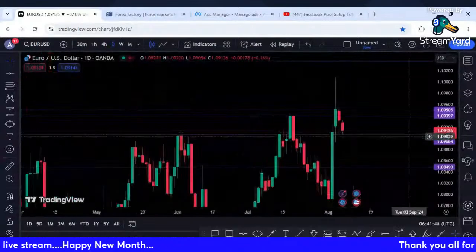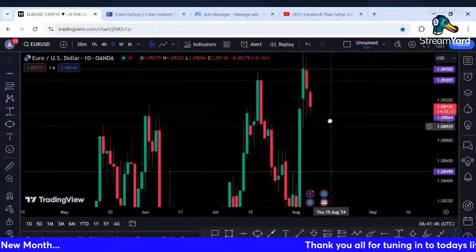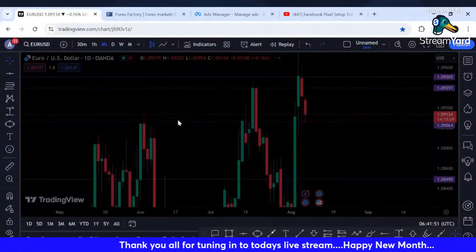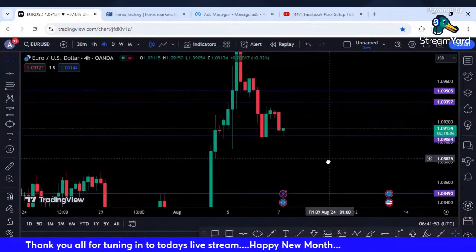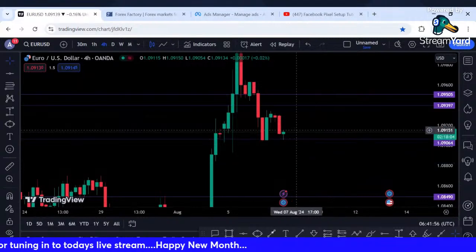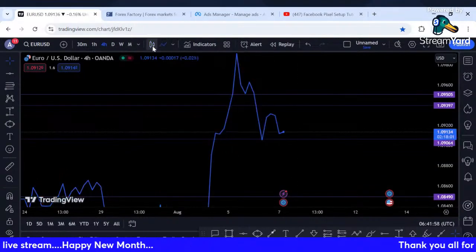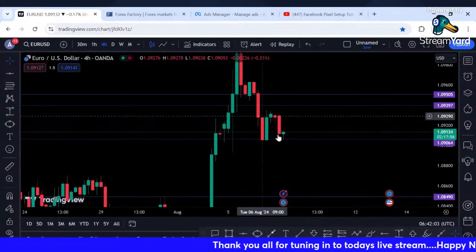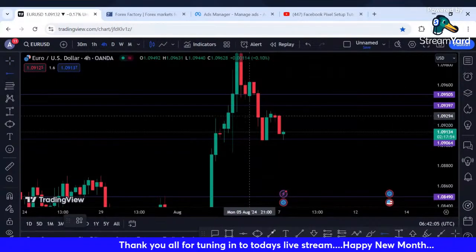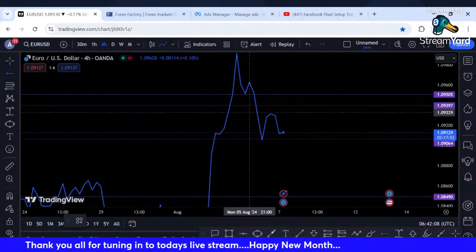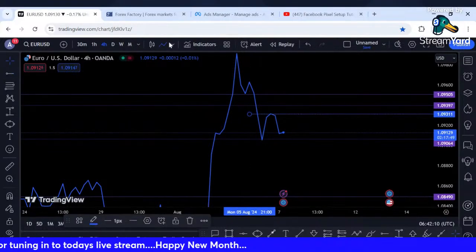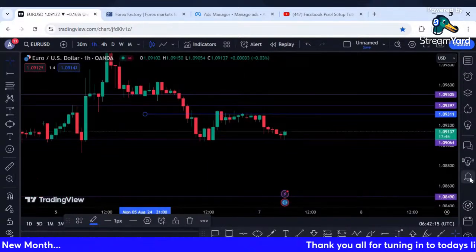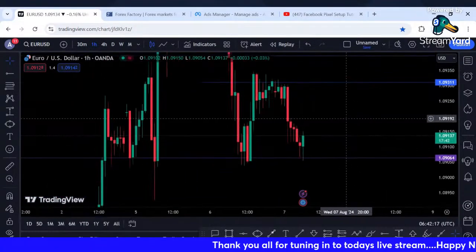So when we move to the daily time frame, daily is an uptrend. It is retesting a weekly support. Let's move to H4, then H1.